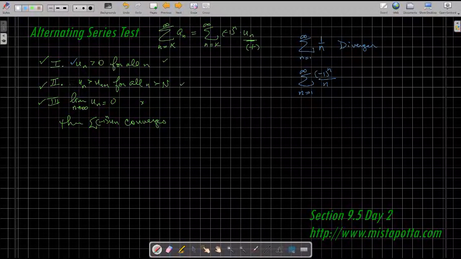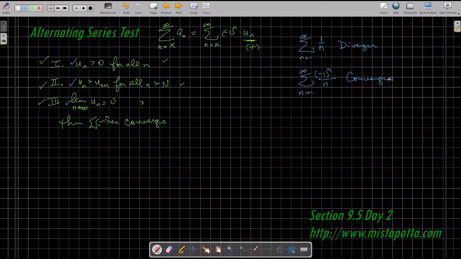Each term is bigger than the subsequent one, because 1/2 is bigger than 1/3, 1/3 is bigger than 1/4, and so forth. And these terms do approach 0, and this series, because it is an alternating series, and it satisfies each of these 3 conditions, this converges.